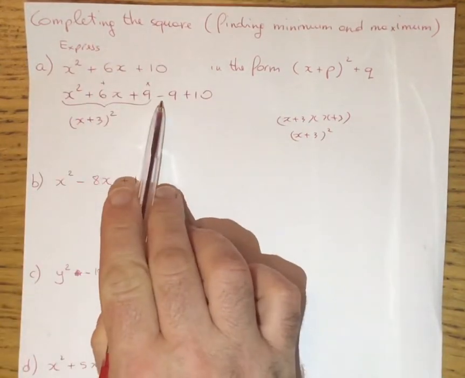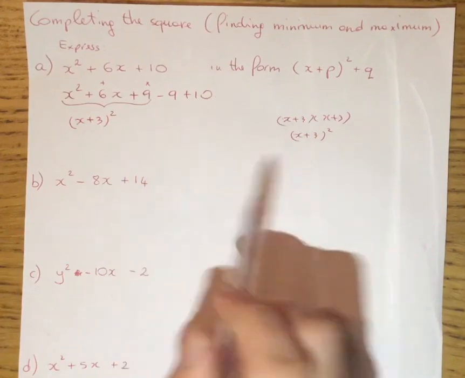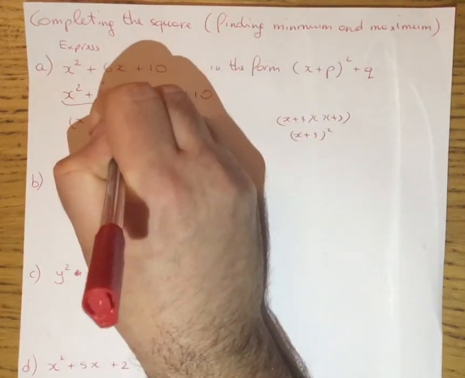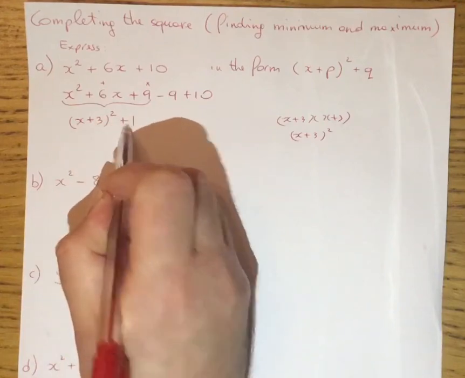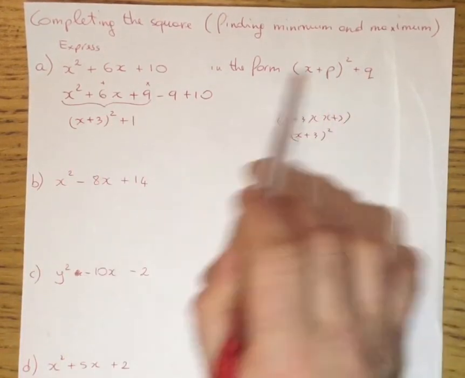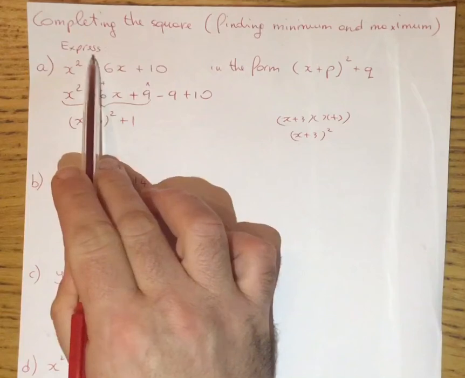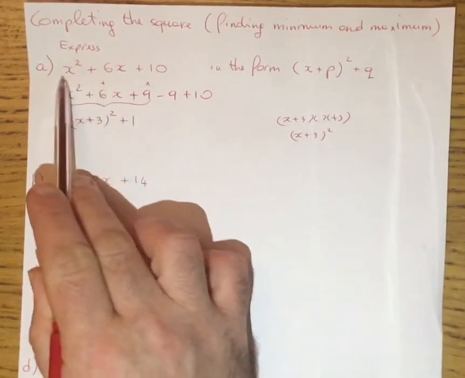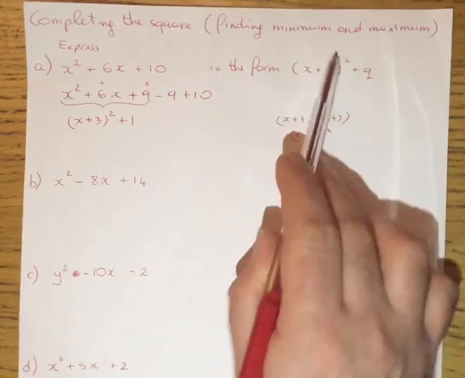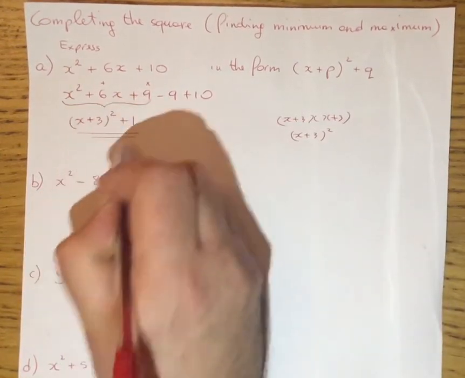And now minus 9 plus 10 is 1. So your p and q in this equation are: p is 3 and q is 1. So we changed that to look like this, and here it is.